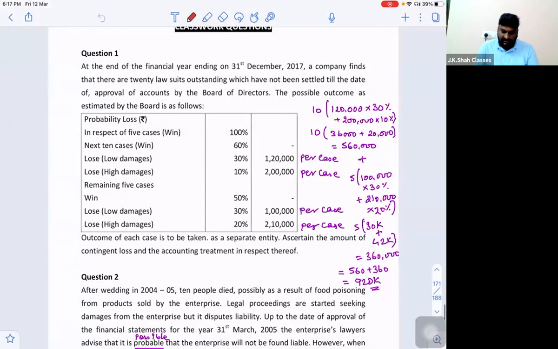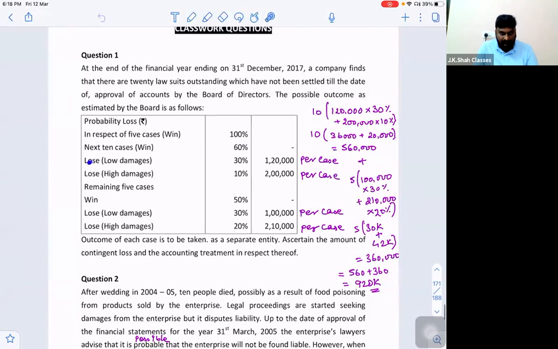So, in the first case, the winning chance is 100%, so the losing chance is 0%. Can I say it is remote? I will ignore the contingency with respect to these 5 cases. Then, for the next 10 cases, the winning chance is 60%. So can I say the chance of losing will be 40%? How do they get 40%?